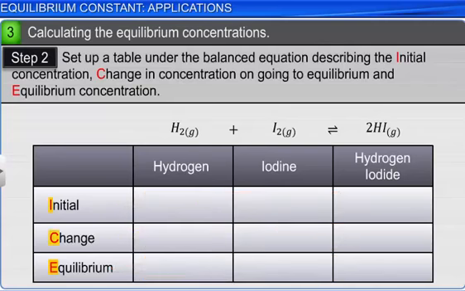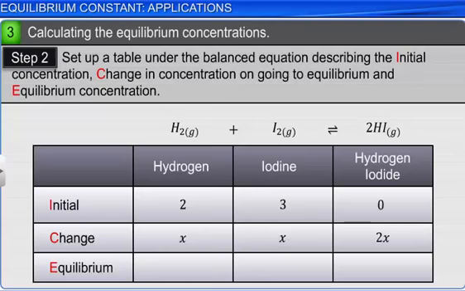In constructing the table, use X to show the change in concentrations of the species. Use the stoichiometry of the reaction to determine the concentrations of the other substances in terms of X. The ICE chart for the given problem is: the initial concentrations of hydrogen and iodine in the reaction mixture are 2 moles and 3 moles respectively, while it is 0 for hydrogen iodide as it is not present at the beginning of the reaction.